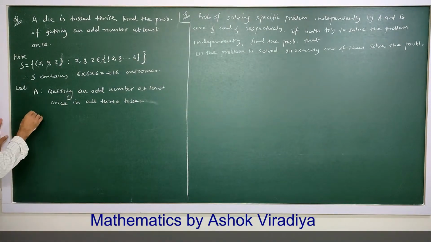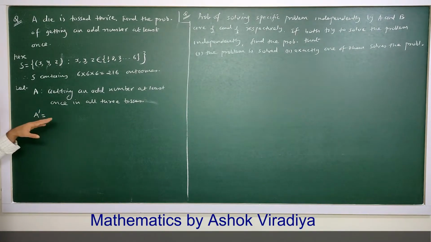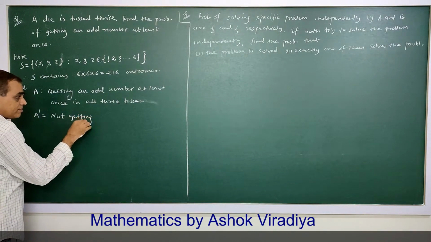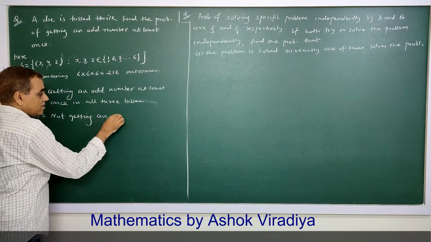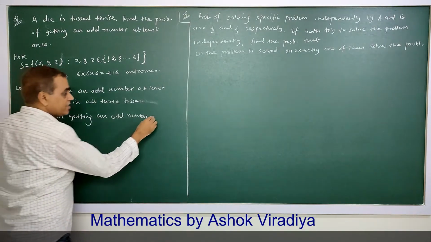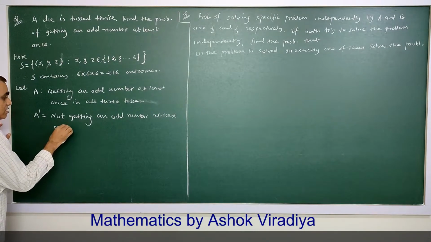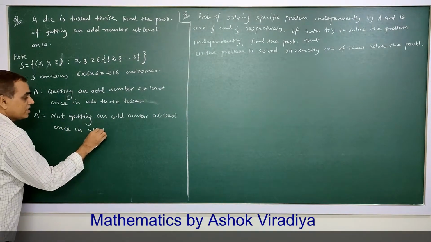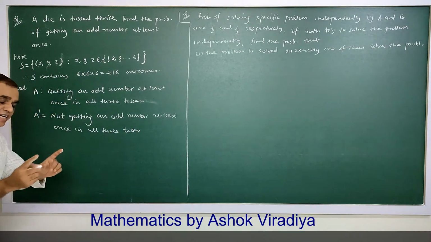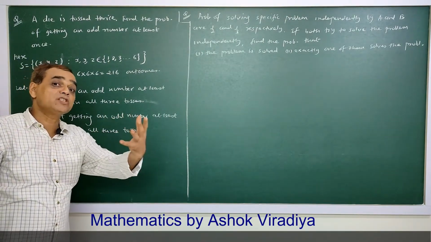So now we define A dash. What does A dash mean? It means not getting an odd number at least once in all 3 tosses, and not getting an odd number at least once means that every time an even number is obtained.